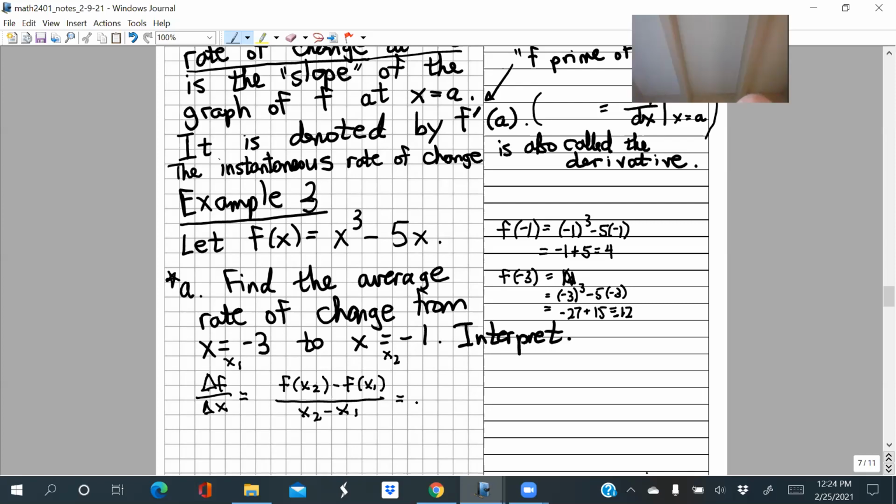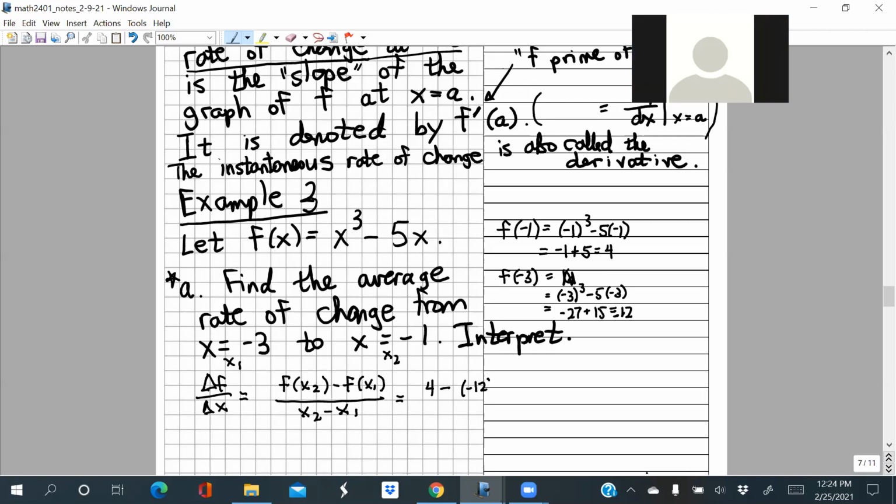So now let's just plug these numbers into our formula. f of x2 there was 4, right? And then f of x1 was what we just found, -12.